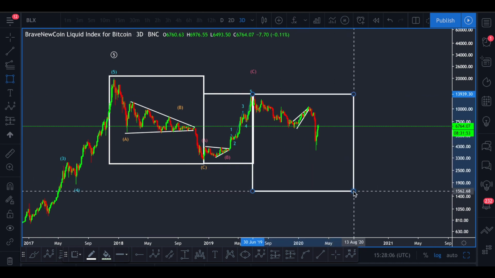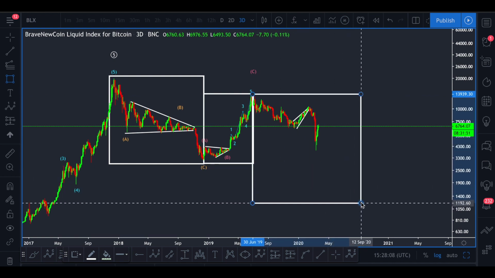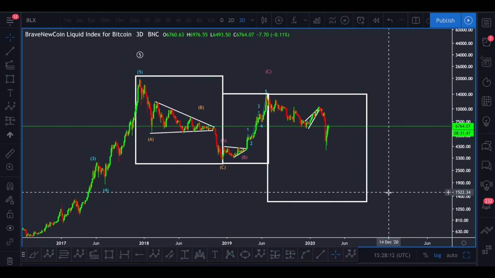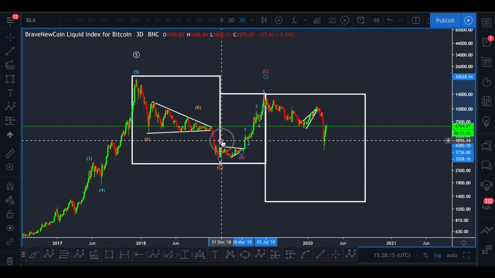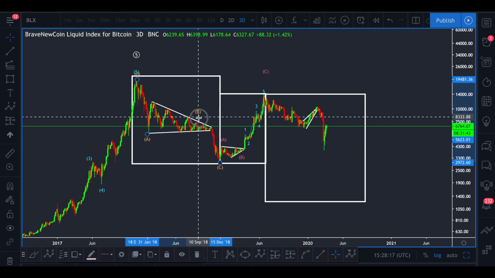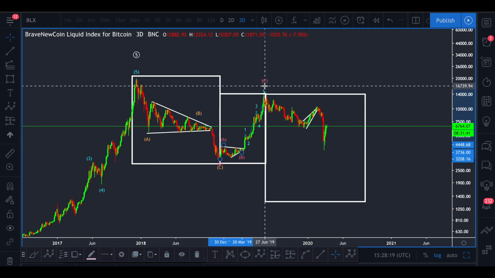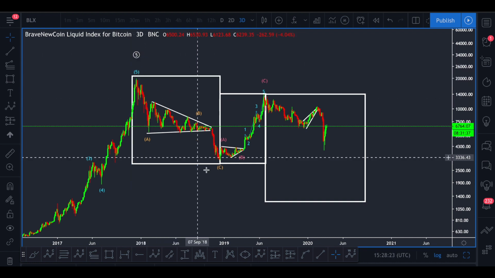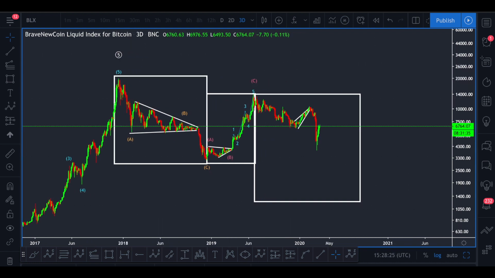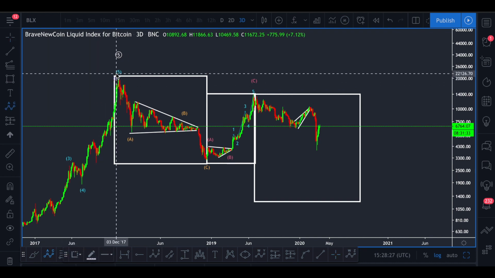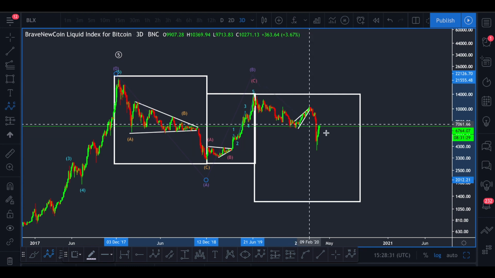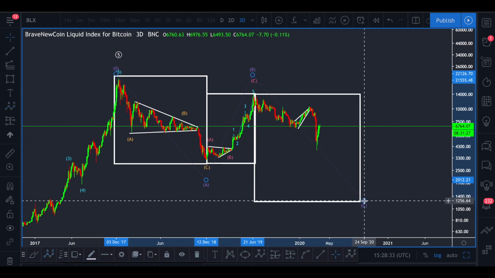I believe we can get down to like maybe 1400, 1200, somewhere around there as the third phase. So what I mean by phase is these ABC corrections have 3 swings to them versus a 5-wave impulse. These corrections have 3 swings, and that's usually called an ABC. So A, B, and all of this would be considered C whenever it's done.